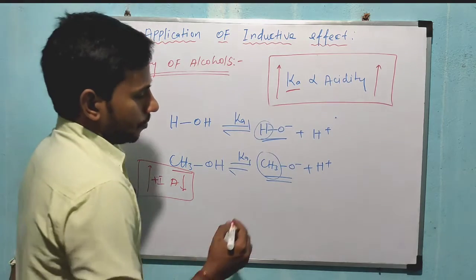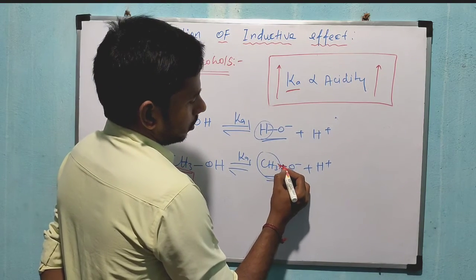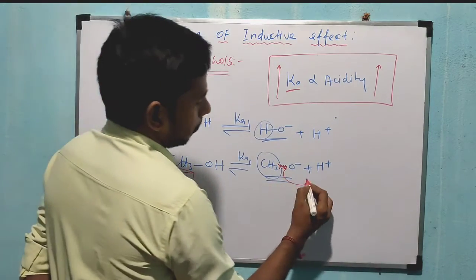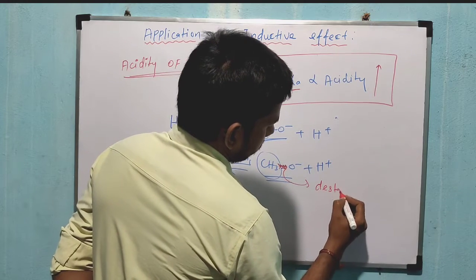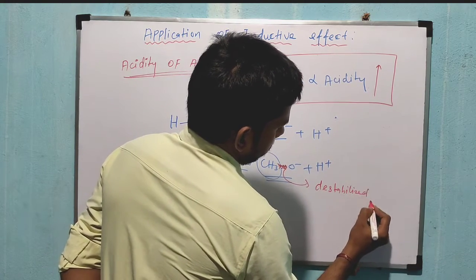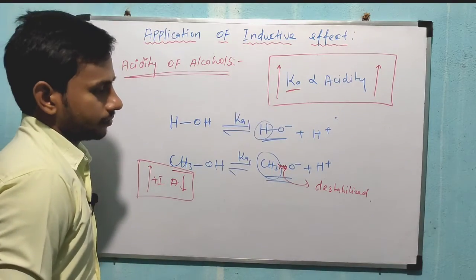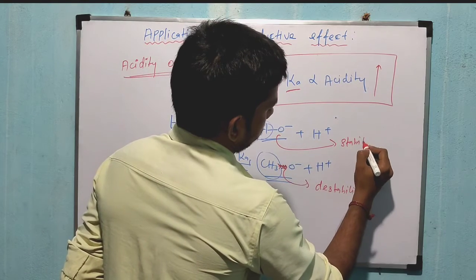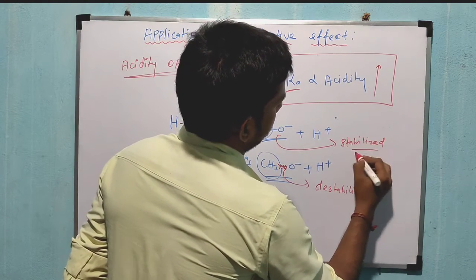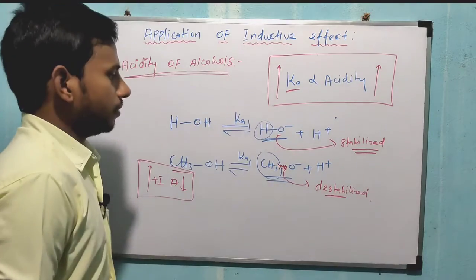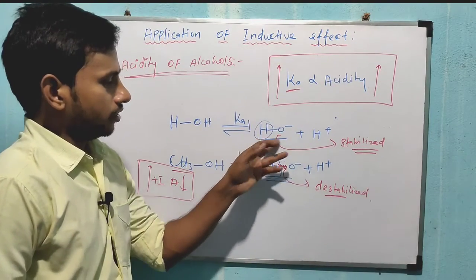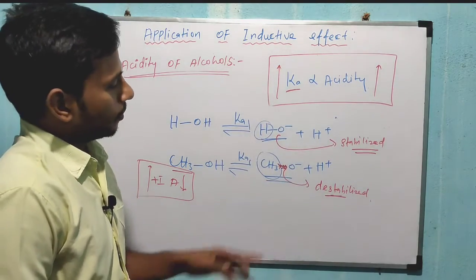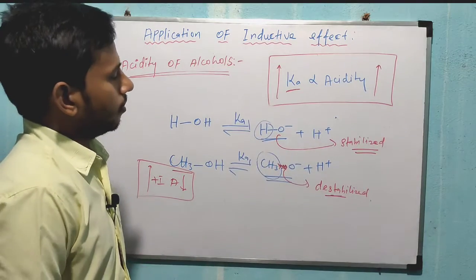Because of its capacity to donate electrons to the alkoxide O minus, it becomes destabilized. The other one is stabilized, because hydrogen has no electron-donating effect, so it is more stable compared to the methyl alkoxide ion. The more stable conjugate base is the more acidic.